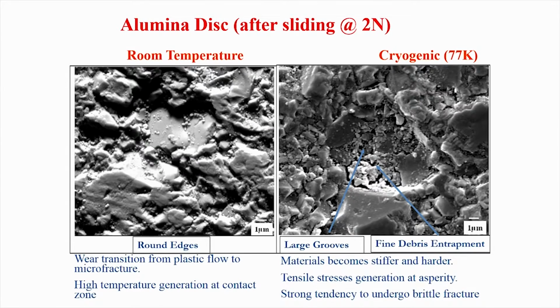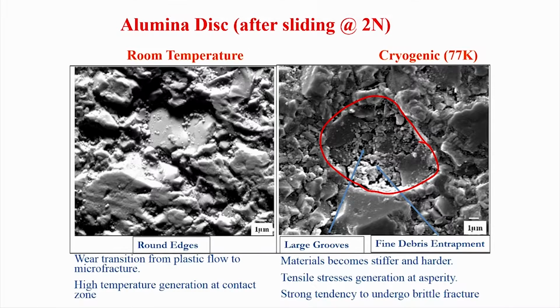Now, if you compare room temperature and cryogenic sliding conditions, as you have seen this particular image before, the cryogenic sliding shows a deeper groove and also finer debris particles. Those observations we could not make after sliding at room temperature.